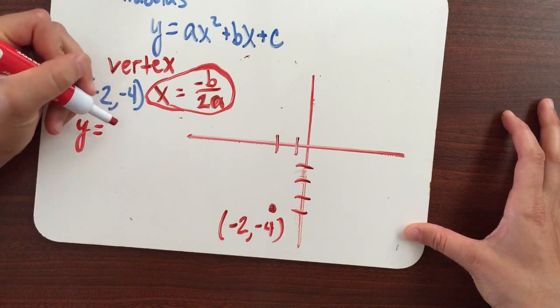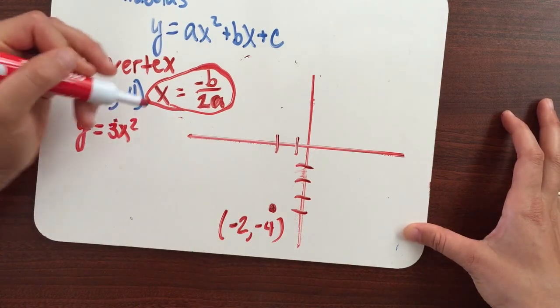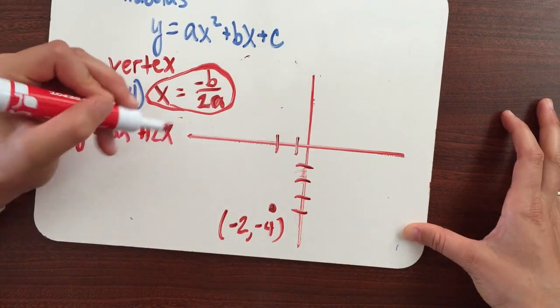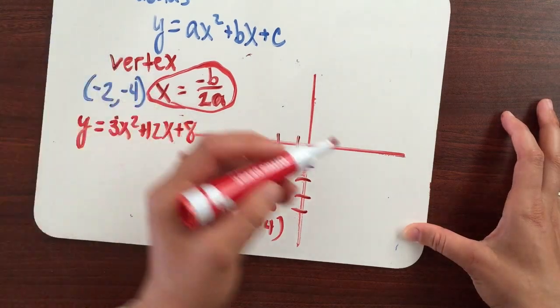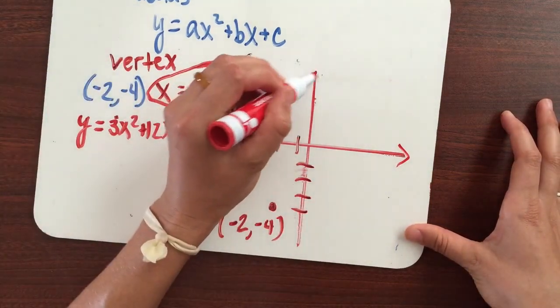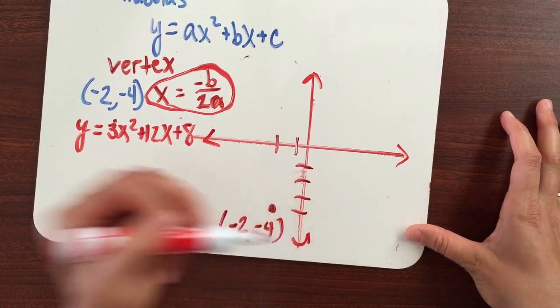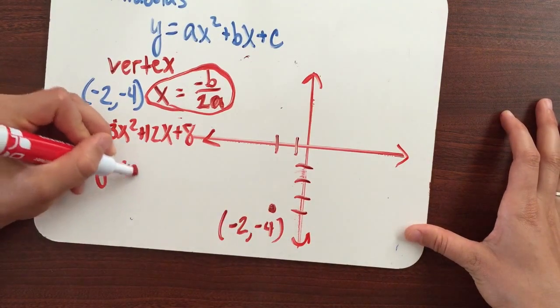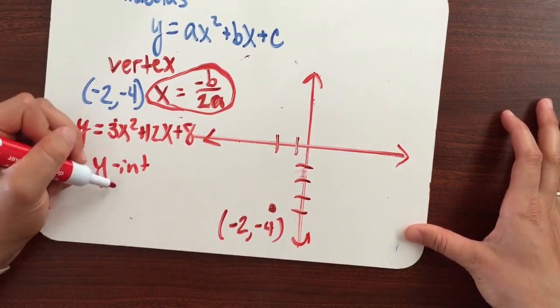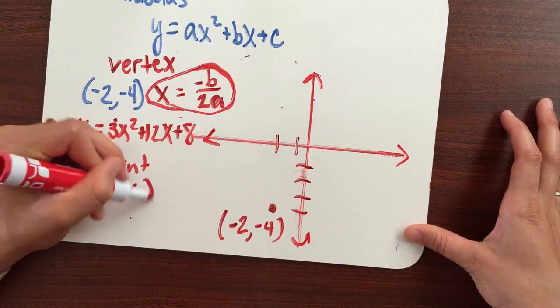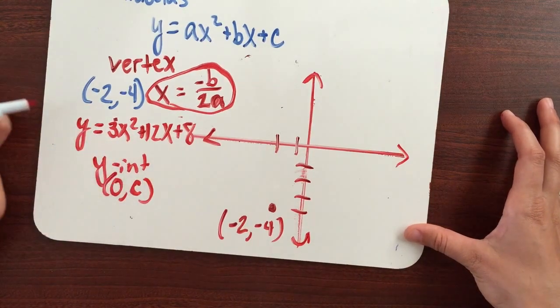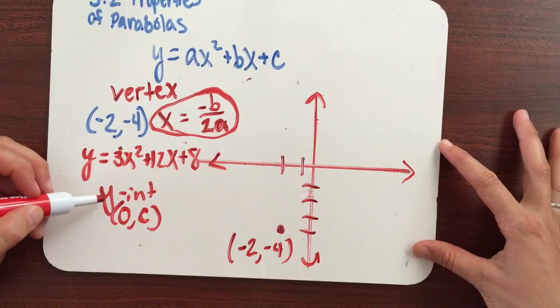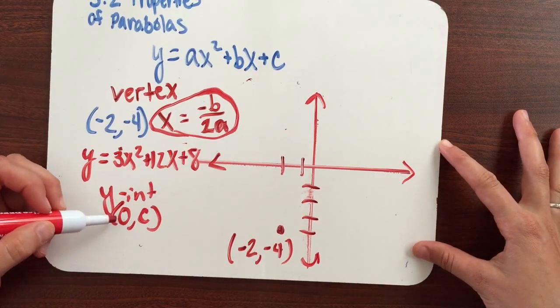So since our equation was 3x squared plus 12x plus 8, we know that the y-intercept is always 0, c, whatever the value of c is, and that's because for your y-intercept you always plug in x equals 0.